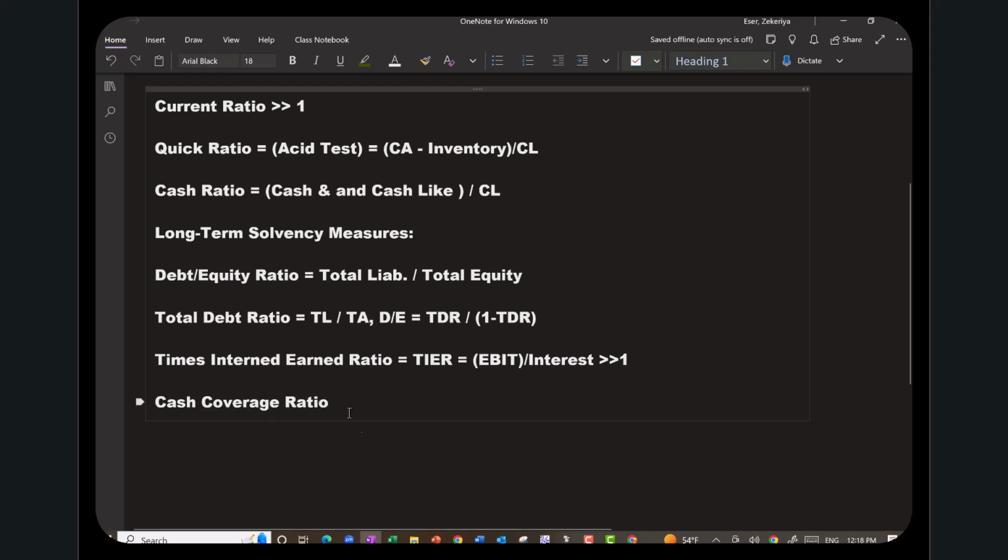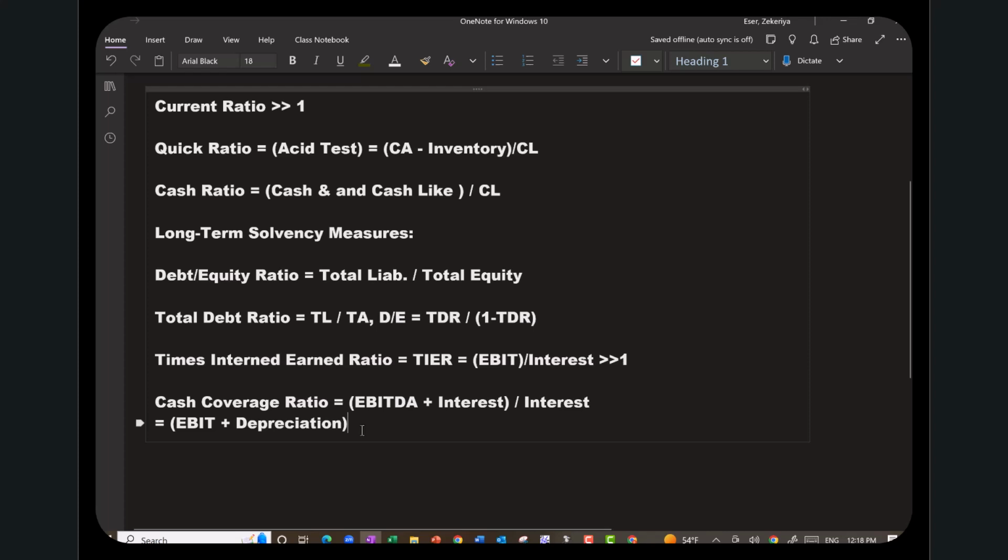A slightly better version of this is called the cash coverage ratio. This basically says depreciation is not a cash expense, so I'm not going to have to worry about it. You can calculate it in 2 ways. You calculate EBITDA, earnings before interest, taxes, depreciation, and amortization, add back the interest, and divide it by the interest. Or you can calculate it as EBIT plus depreciation.